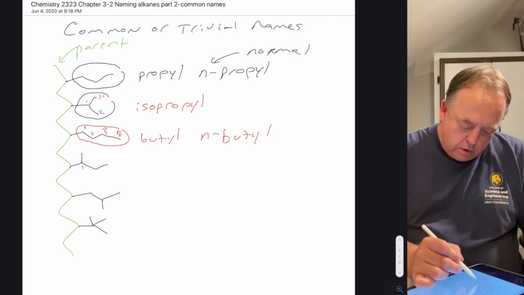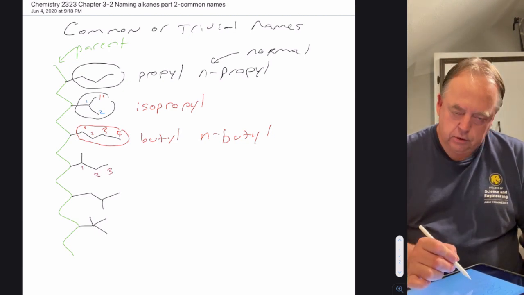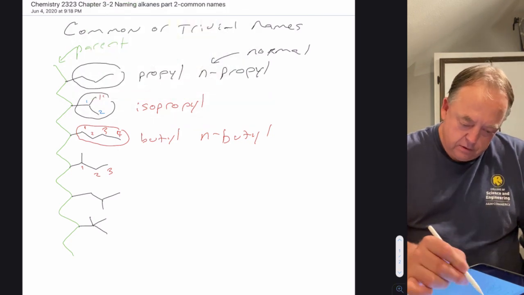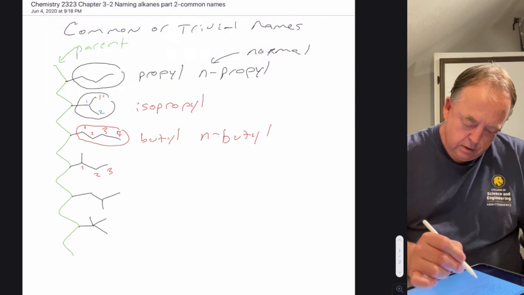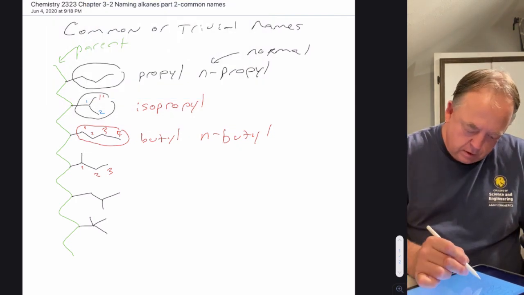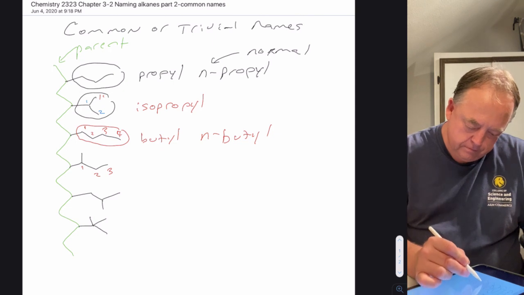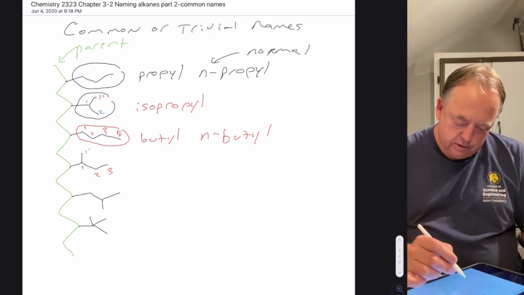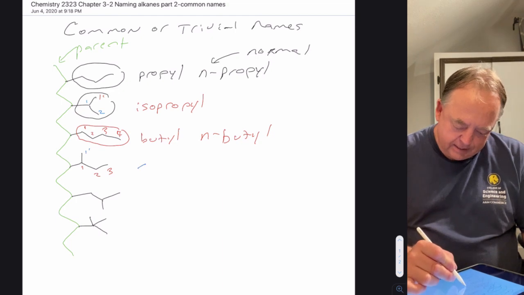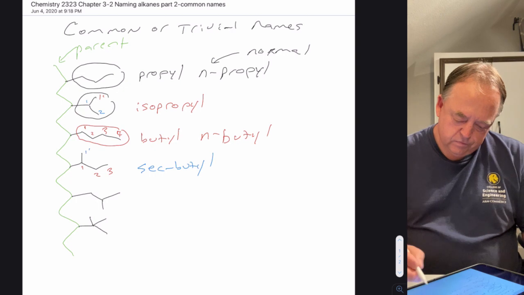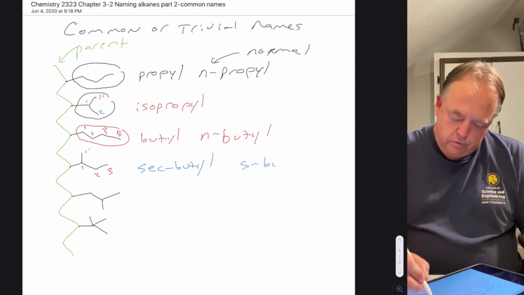You could have a 1, 2, 3 carbon sequence off the parent, and then on the first carbon you have another carbon, so a methyl group there. We'll call that 1 prime, for example. So this is what's called a sec-butyl, or sometimes just called S-butyl.